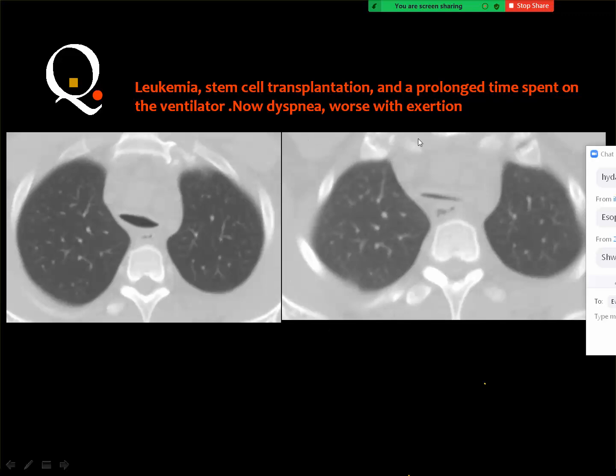This patient has leukemia and stem cell transplantation and spent a prolonged time on a ventilator. Now he has dyspnea worse with exertion.